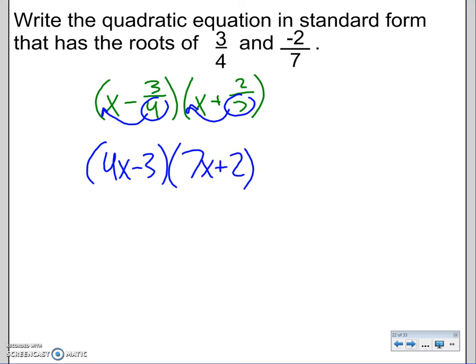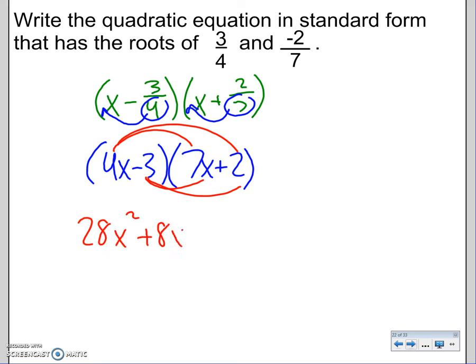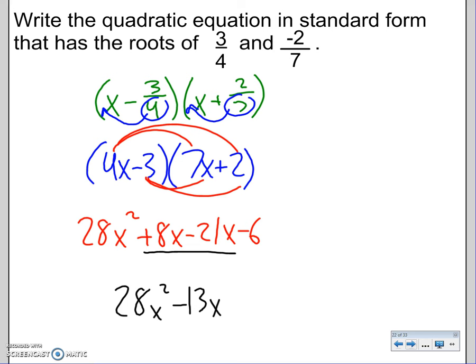Then FOIL or distribute. So what is that? 28x squared plus 8x minus 21x minus 6. Combine like terms. The x's in the middle combine. So you have 28x squared minus 13x minus 6.